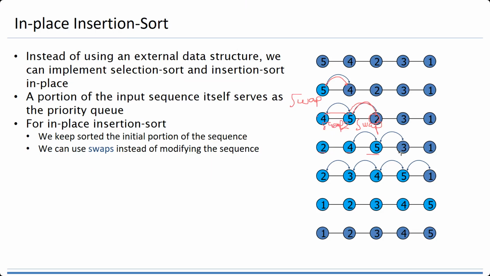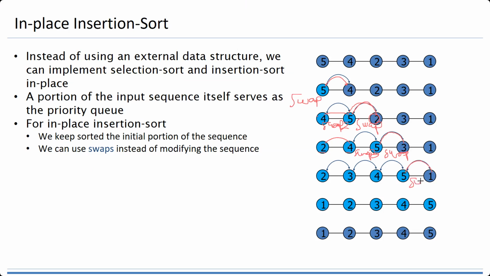Again, we will check with 3. 3 and 5. 3 is less than 5? Yes, then swap. So here is 3. 3 is less than 4? Yes, then swap. 3 and 2. 3 is less than 2? No. Again, 1 is less than 5?